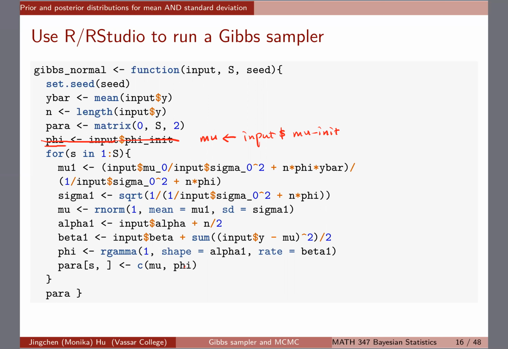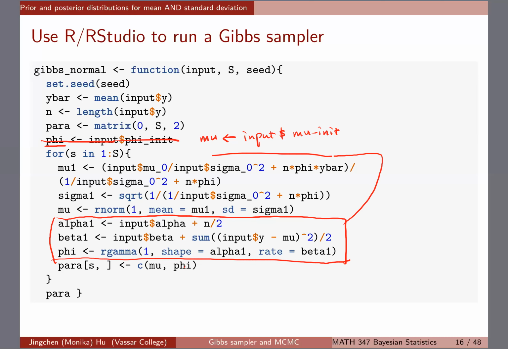The next step is to move these few lines before the previous ones. Bring it over here, because if we start the Gibbs sampler using mu_init, that means we should update phi first.